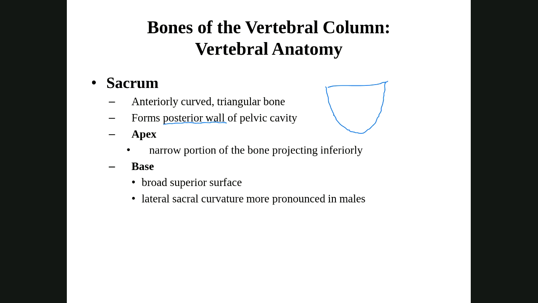Well, this makes up the posterior wall of the pelvic cavity. The very tip of the sacrum is going to be the apex, and then the broad-based region is going to be the base. So we're going to see a more pronounced curvature in men.